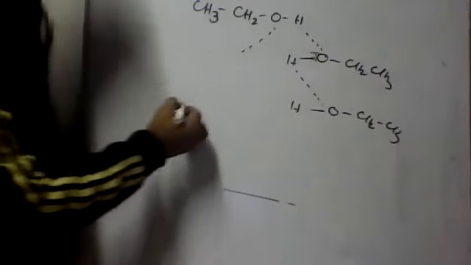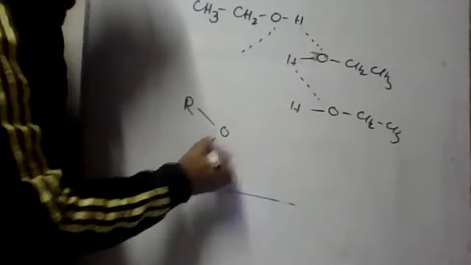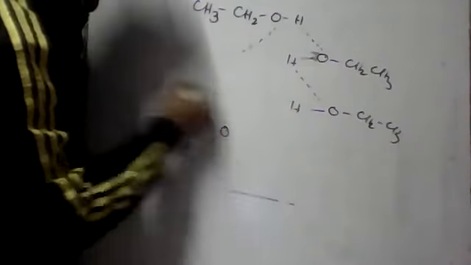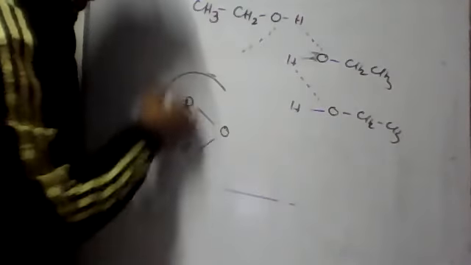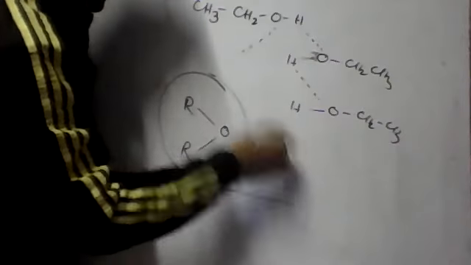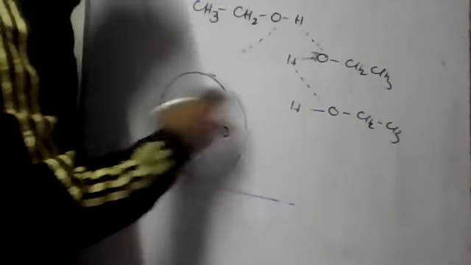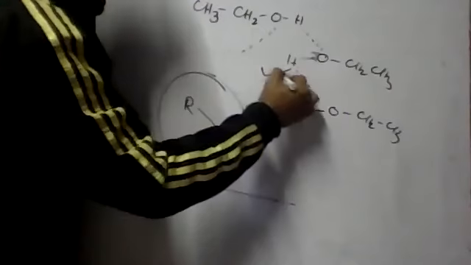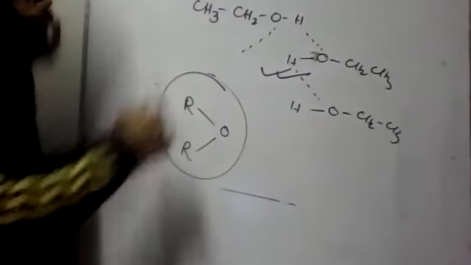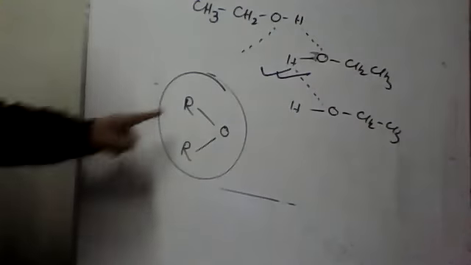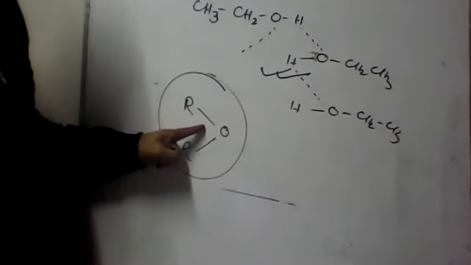But you see, in ether dipole-dipole interaction is there, but there is no hydrogen bond in ether. Got my point? Ether is polar. There will be some intermolecular forces in terms of dipole-dipole force, but it is weaker. Because in ether there is no polar hydrogen atom, between ether molecules there is no question of hydrogen bond.